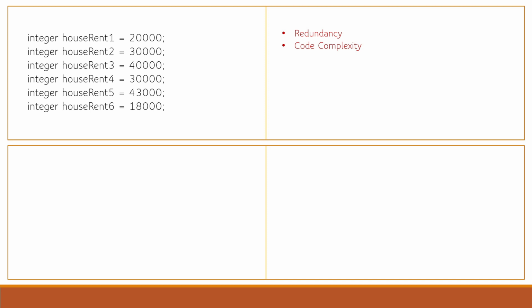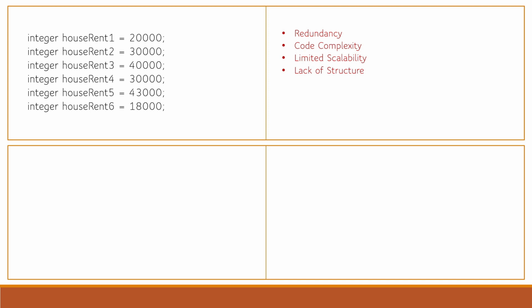It can be challenging to maintain and update the code as the number of related variables increases. As the number of related variables grows, managing them individually becomes more difficult, and it becomes difficult to scale the solution effectively, as you would need to create more variables for each additional piece of related data.